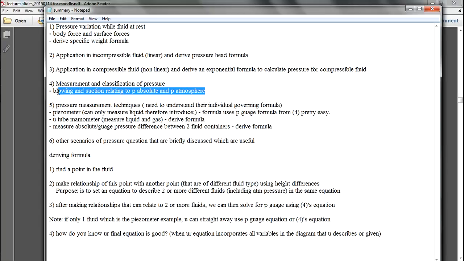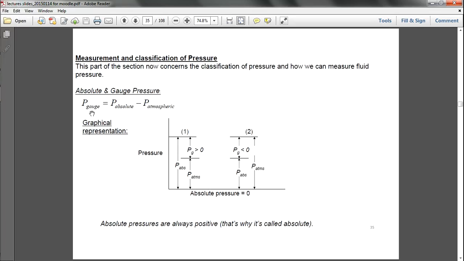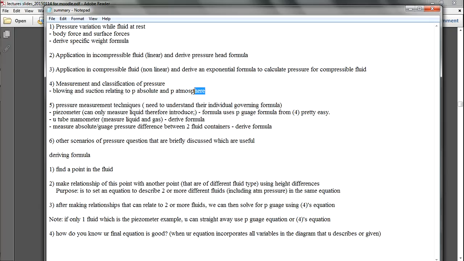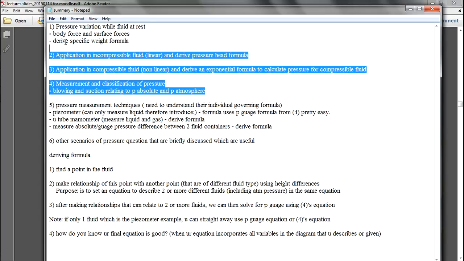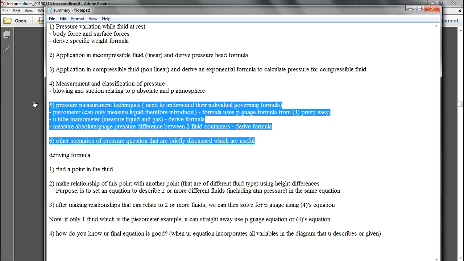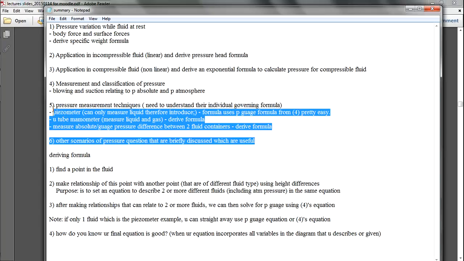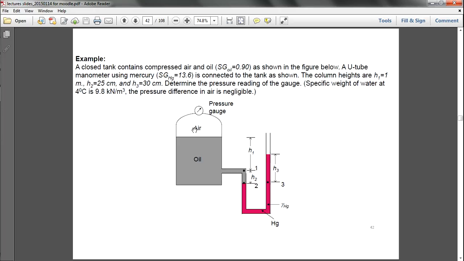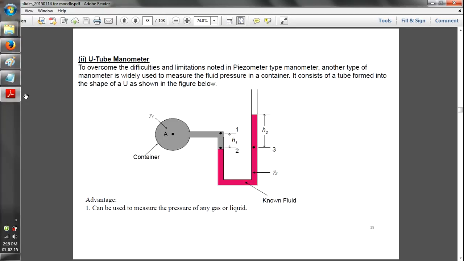And then we also understood the equation for P gauge equals P absolute minus P atmospheric. And this portion are the tools, the toolkit for us to derive equations for these measurement techniques, to derive equations to solve for the general equation to describe the pressure gauge difference.